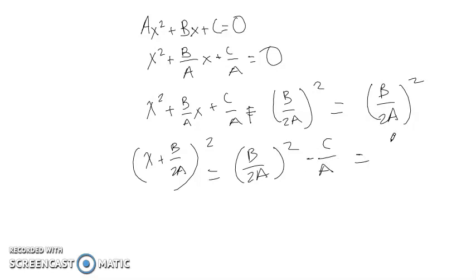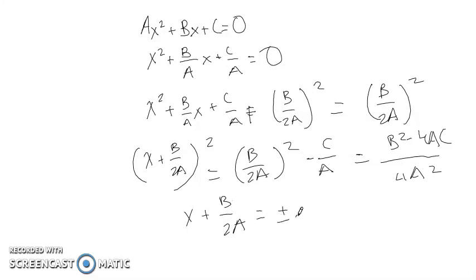And this equals b squared over 4a squared. And in order to get c into 4a squared, we have to multiply by 4a, so we get minus 4ac. Now we get x plus b over 2a equals plus or minus the square root of b squared minus 4ac over 2a.